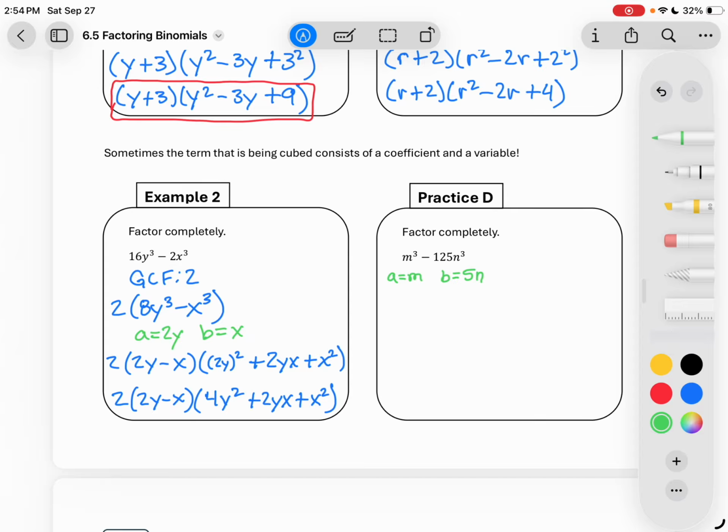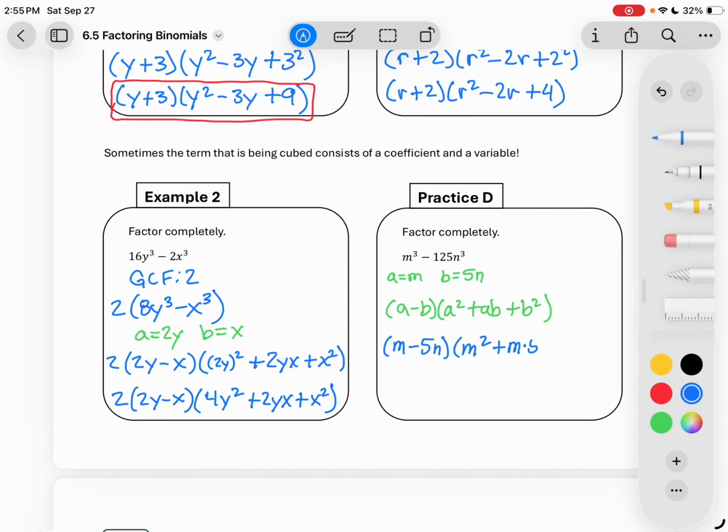So b is both 5 and n being multiplied together. So in the pattern, when we've got a minus b times a squared plus ab plus b squared. Everywhere I see an a, I'm going to put an m. Everywhere I see a b, I'm going to put 5n.